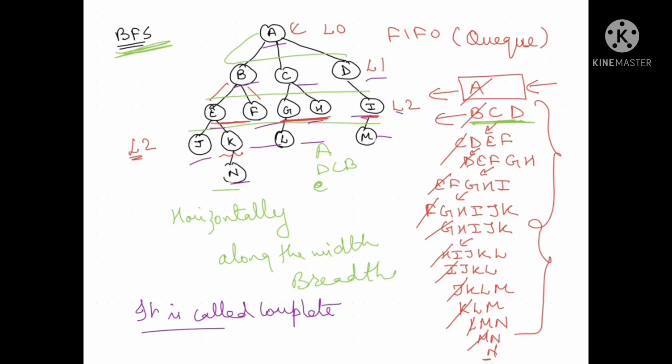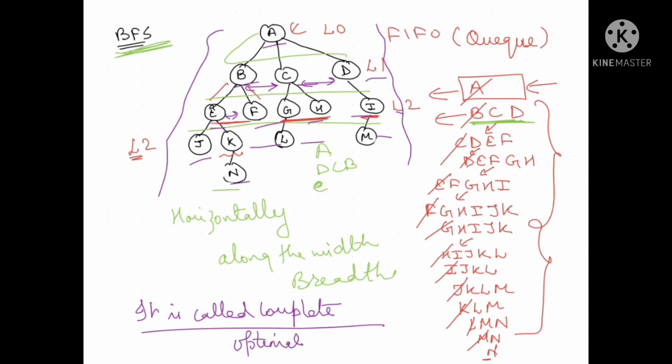Why is it called complete? Because it is covering all the elements. Now, one more thing: because it is traveling from here to here, the path is very short. So it is also called optimal, right?